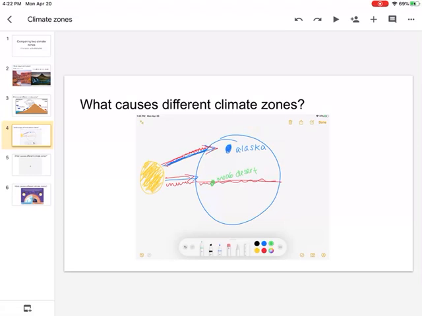Look at the next one here. So this is a little picture I drew. And another thing that causes different climate zones is the sun. So we see here we have the sun on the left. The blue circle is supposed to be Earth. And we can see that the green little dot, that would be where the Moab Desert is, which we know is really hot.